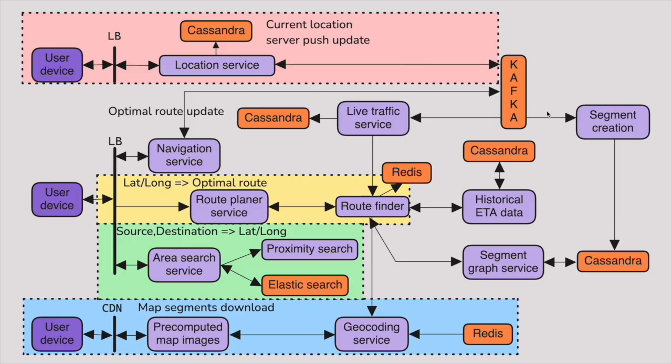Now let's circle back to our high-level system design diagram and talk about some of the components in more depth. So first of all, as we already spoke about the main workflow, we have a service called segment graph service that stores a mapping between a segment ID and a micrograph that is located inside that segment. To store micrographs of different dimension, we would need a key-value data store where the ID would be a segment ID and the value would be a micrograph.